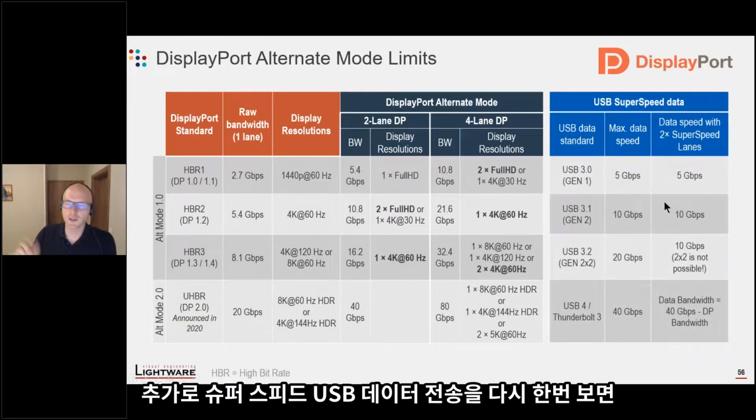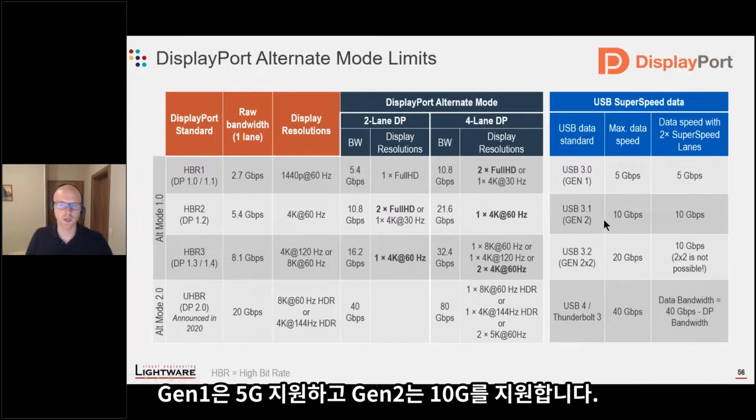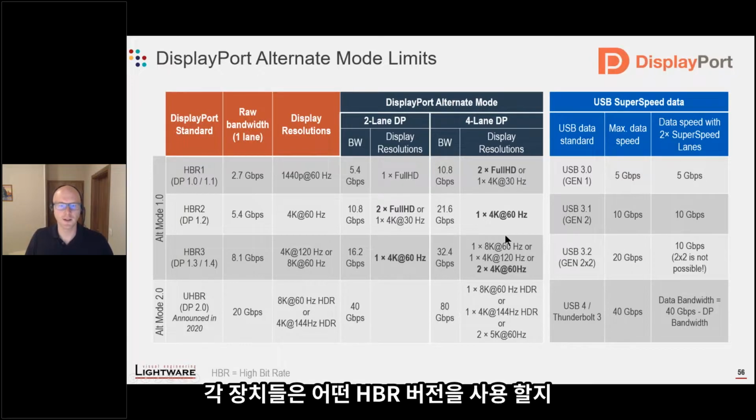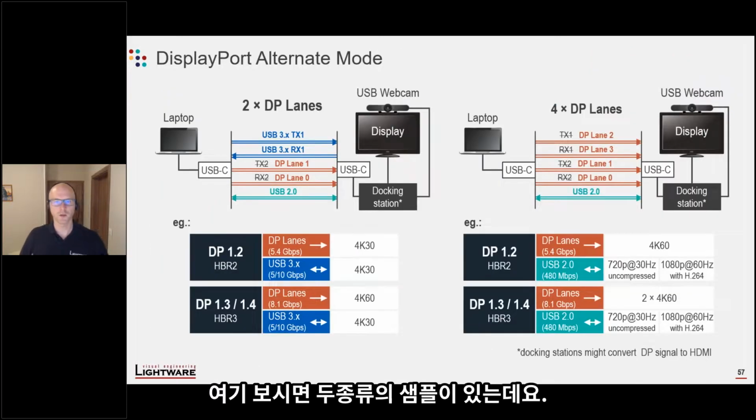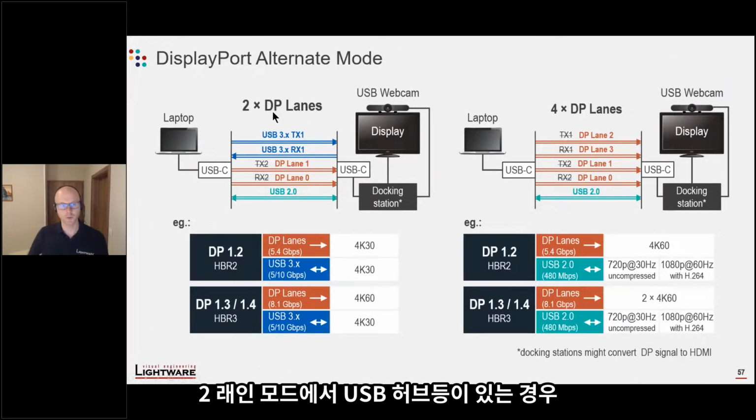And again, I put the super speed data rates here. So Gen 1 supports 5 gigs, Gen 2 supports 10 gigs. The devices can choose which high bitrate mode they want to use and which super speed data rate they want to use independently of each other. So here are the 2 examples when we have 2-lane mode and we have a docking station.